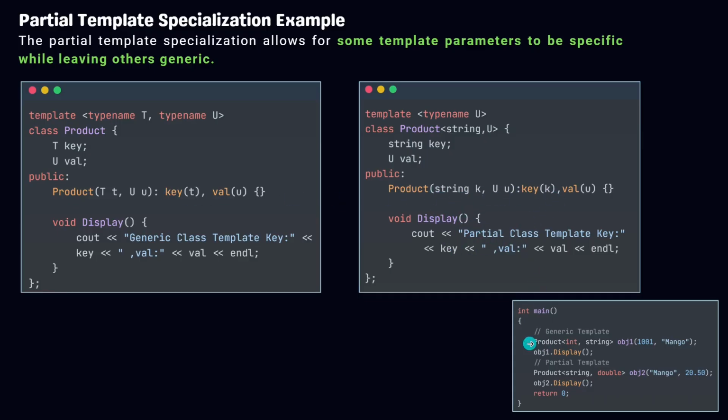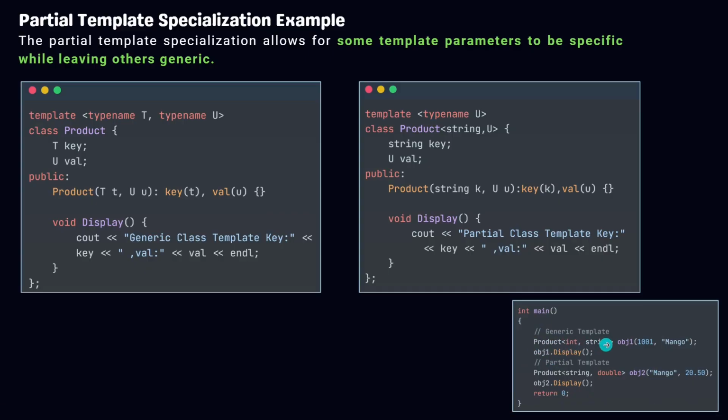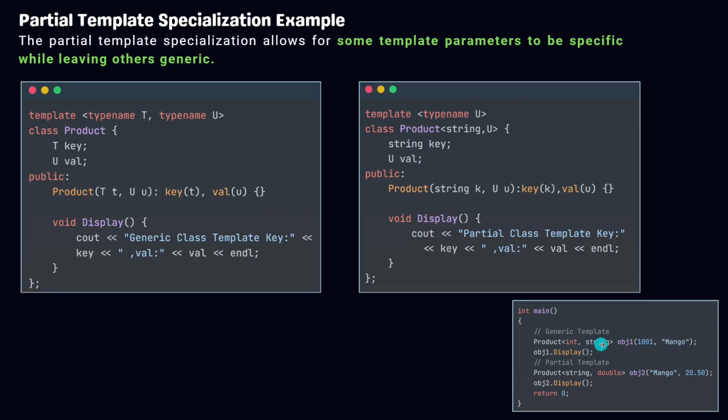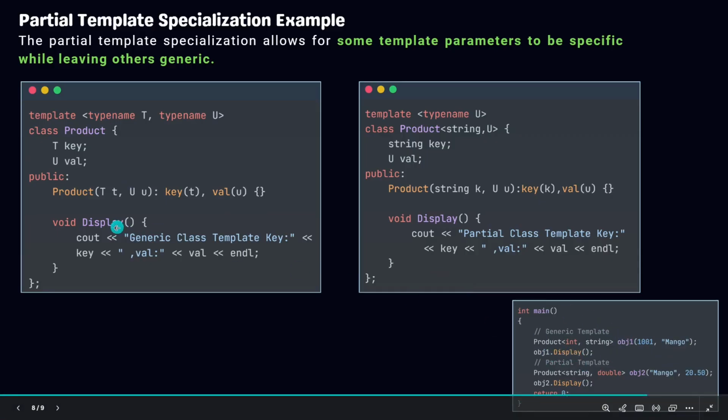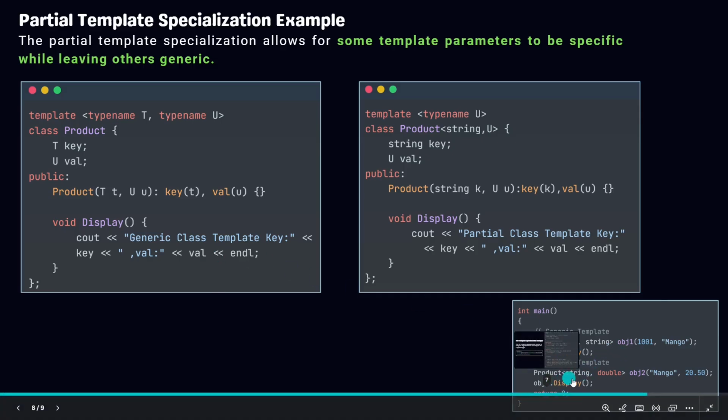In the main, when we use integer and string, it will call this method, because the first parameter here is integer and the string comes here. With 1001 and mango, it will print 1001 and mango. While in the second object, Product string, if you see here we are passing string, that means it is matching.